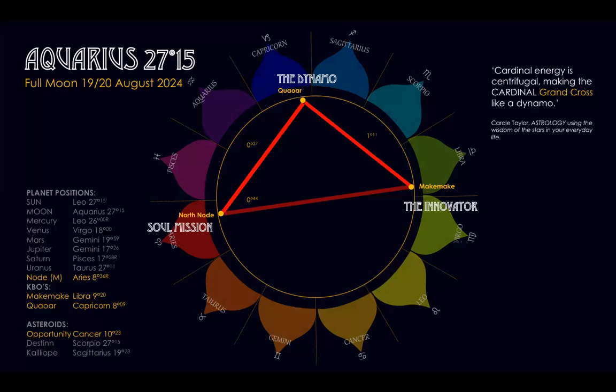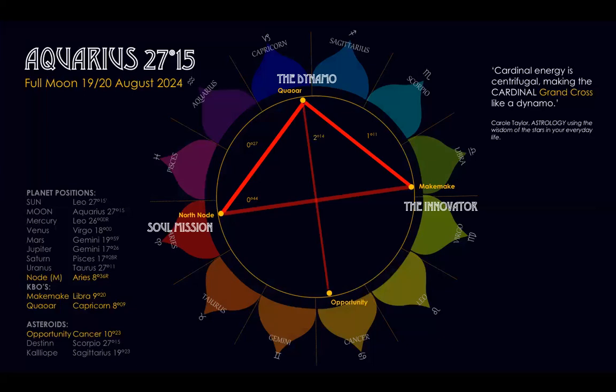And I had actually called Quaoar the dynamo way before I even dug out this reference to the Cardinal Grand Cross. So the energy of the Cardinal Grand Cross has Quaoar, the dynamo, in it, and it has an energy like a dynamo. For me, it is like a double energy.